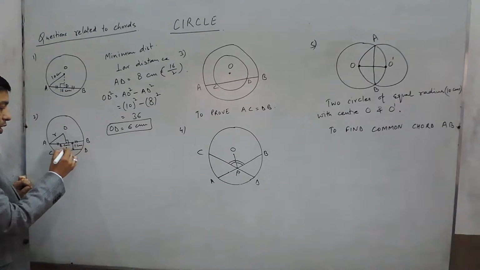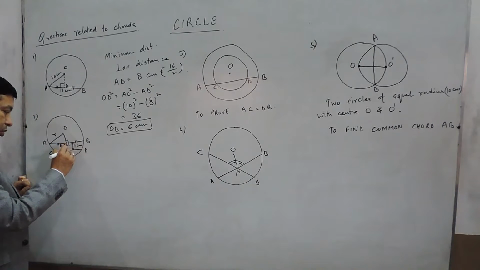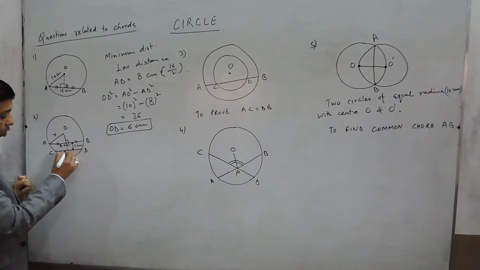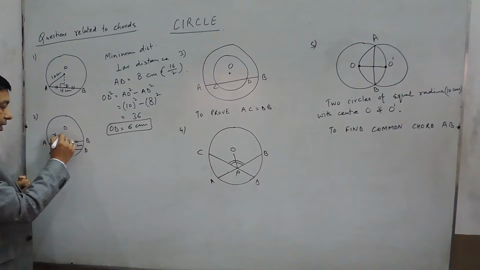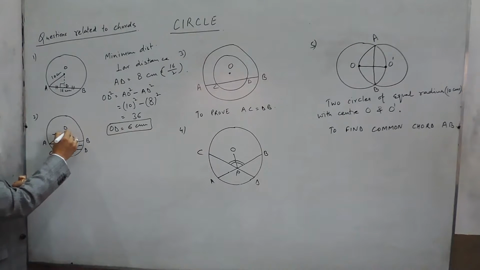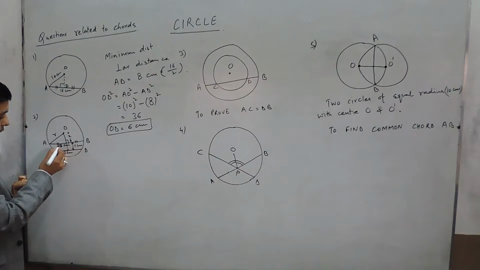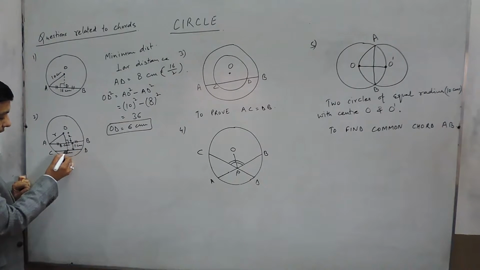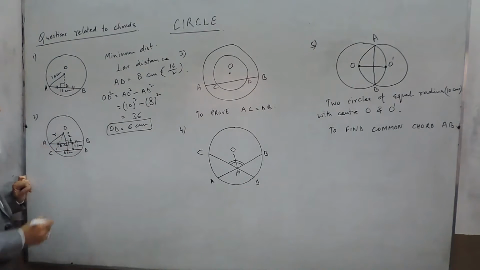So half of the chord will be 4 centimeters. For the next chord, half of the chord will be 3 centimeters. If the distance from this point to this point is x, then this is x and this is 1 centimeter, this is 4 centimeters, and this is 3 centimeters. This will also be the radius of the circle.